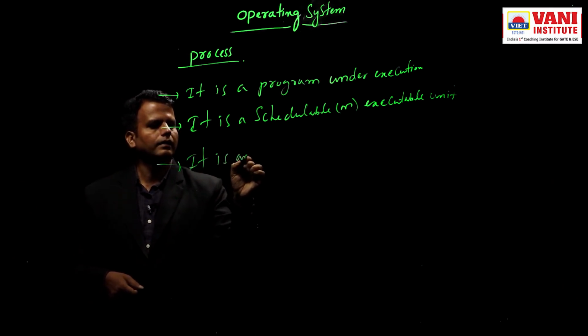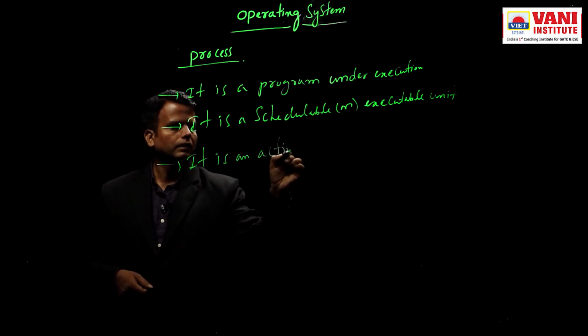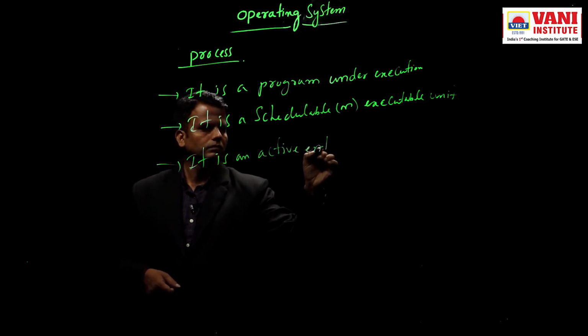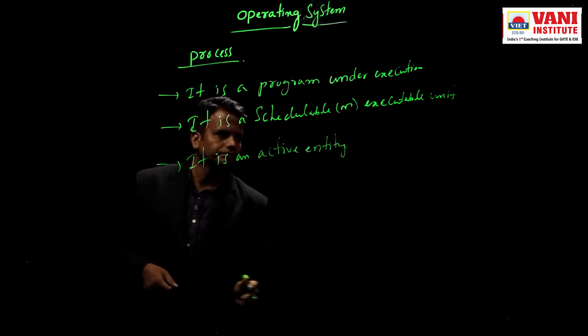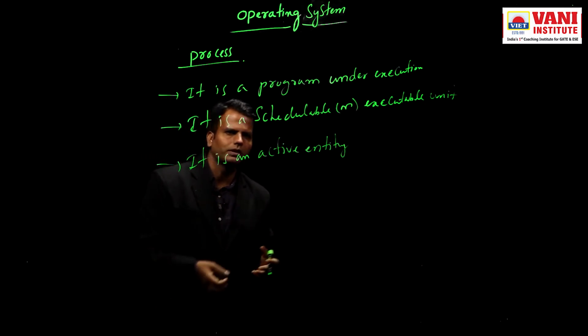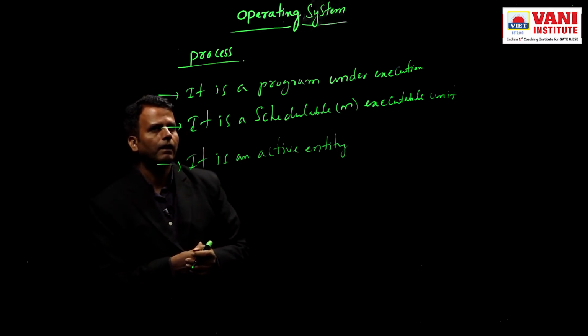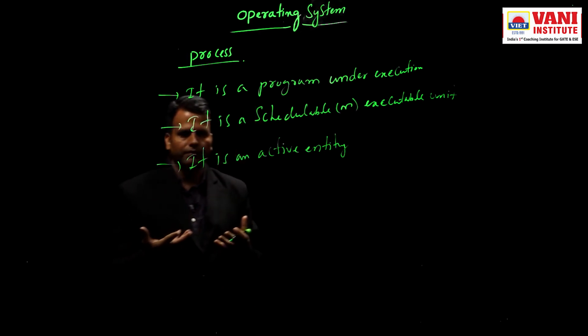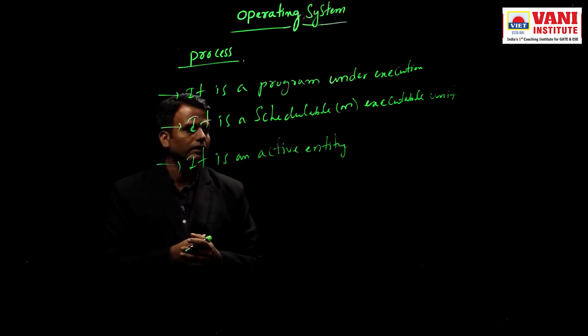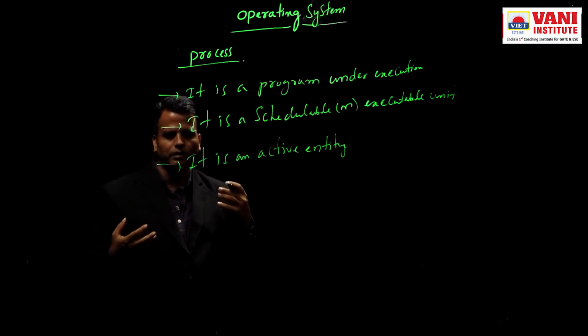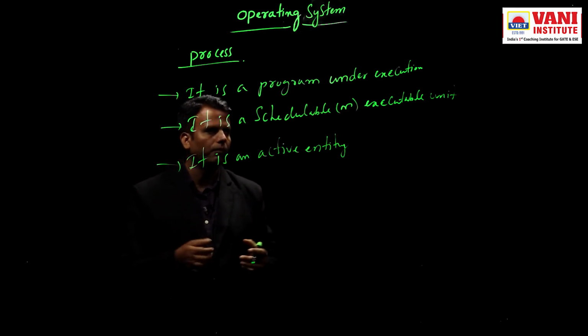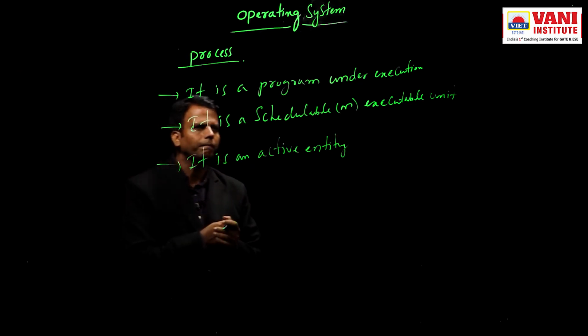It is an active entity. Okay, so these are the few essential definitions I have collected. But one of my favorites, I will say the first one, is very important in terms of problem solving and in terms of understanding. Okay, so let's see each thing.